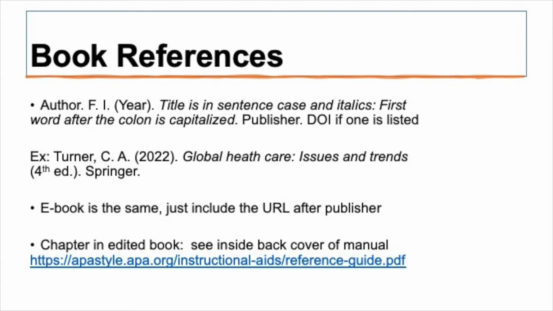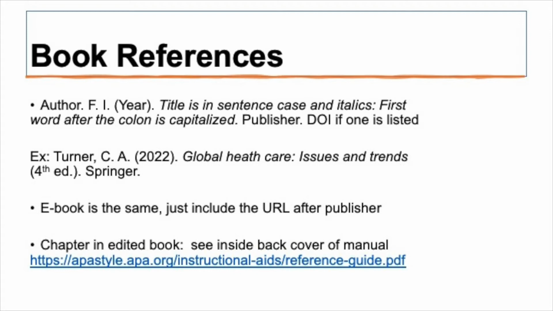Now, a lot of the books that you might be using for Aspen or whatever school you're going to, you might be using a virtual book or one that you have bought that's an online version. So if you're referencing your ebook or electronic book, it's the same format, just after the name of the publisher, you're going to put the URL of the publisher that takes you to the online site of the book.